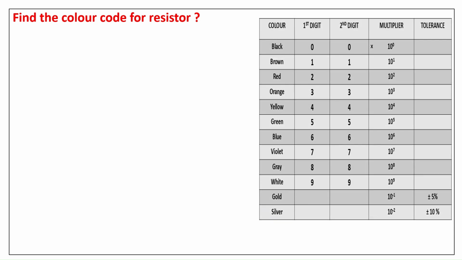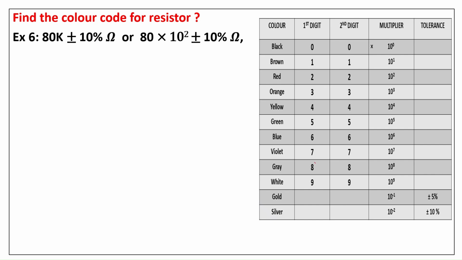Next, we look at how to find resistor colors if the resistance value is given. Example 6. Resistance is 80K plus or minus 10% ohm, or 80 into 10 to the power 2 plus or minus 10% ohm. Solution.